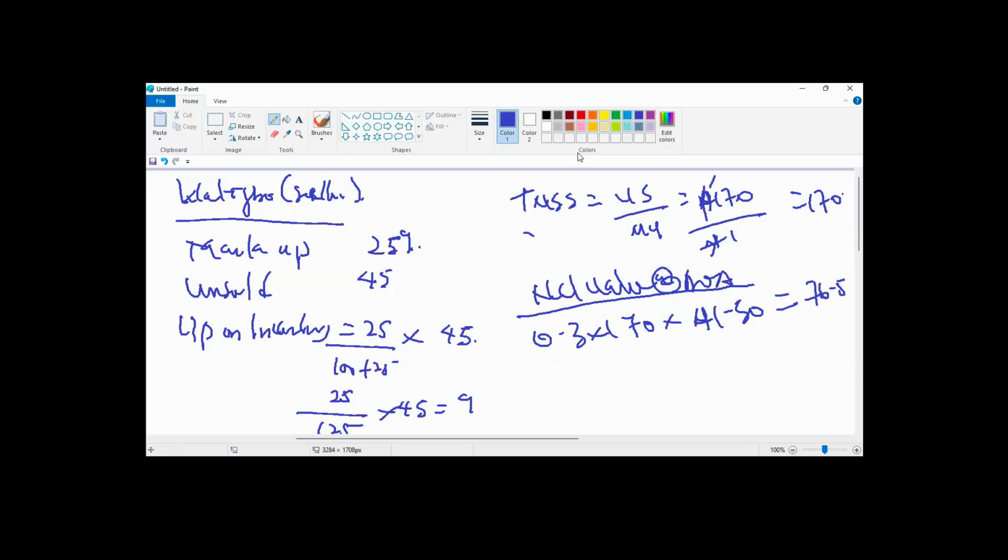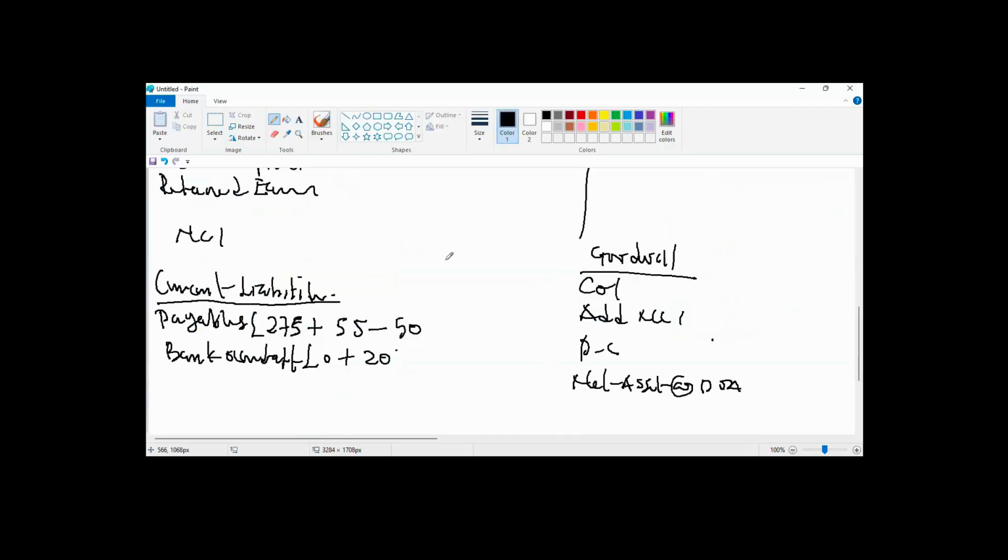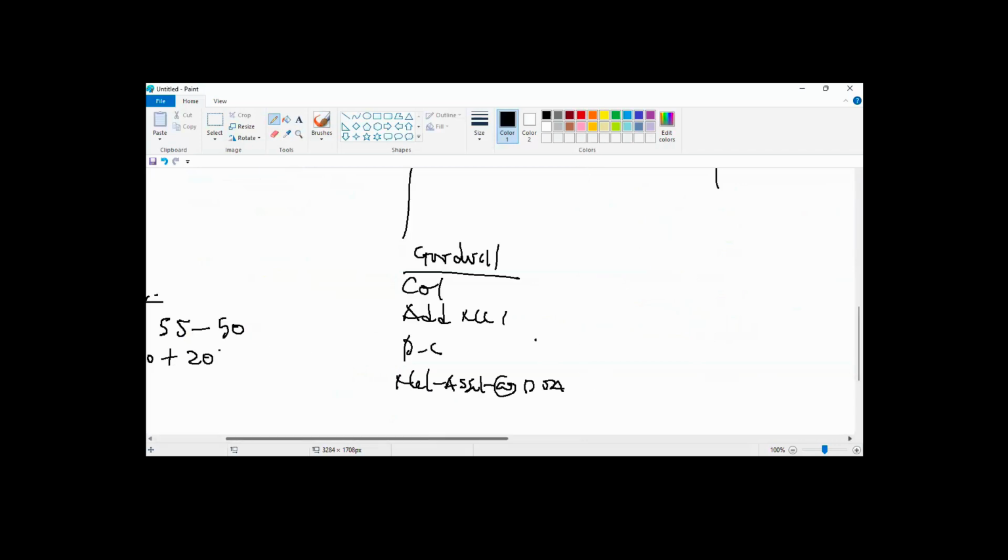Parents, NCI at the date of acquisition, 76.5. I'll put.